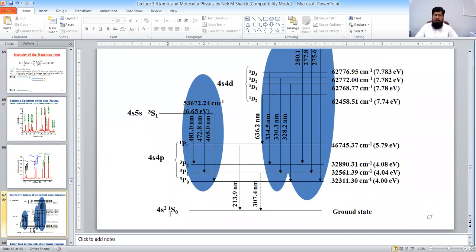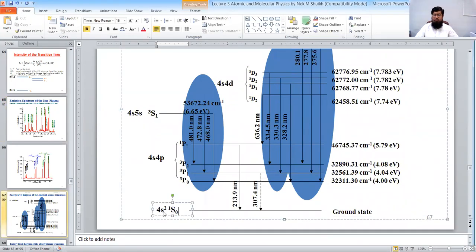For example, if we talk about zinc, its electronic configuration is 4s2, and its term value is 1S0. The 4s electron is excited into the 4p, so the configuration becomes 4s 4p, because one of the s electrons is excited into the p.